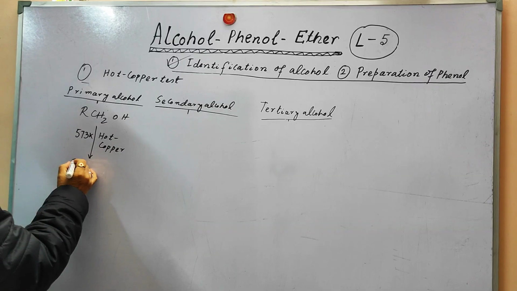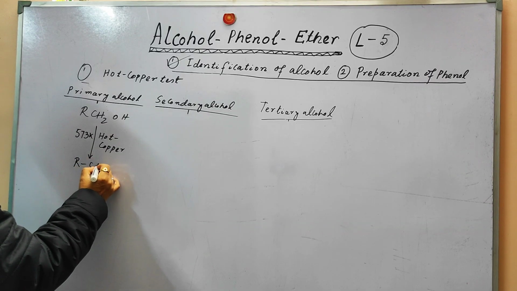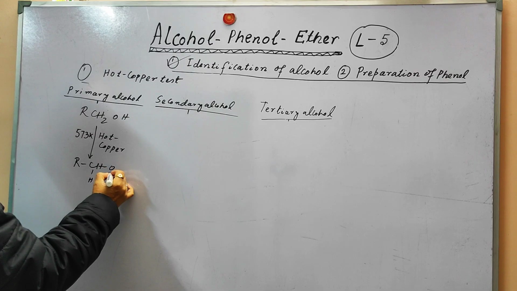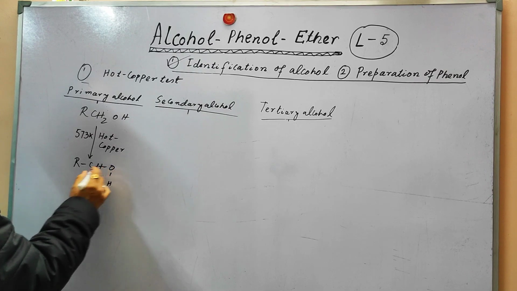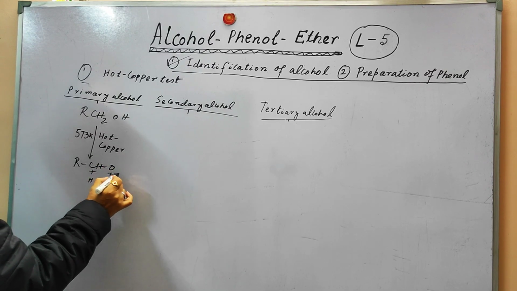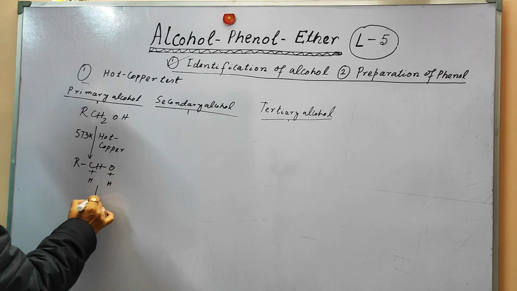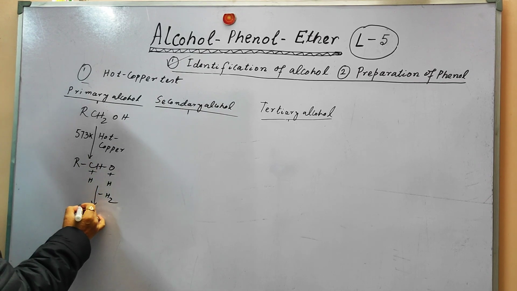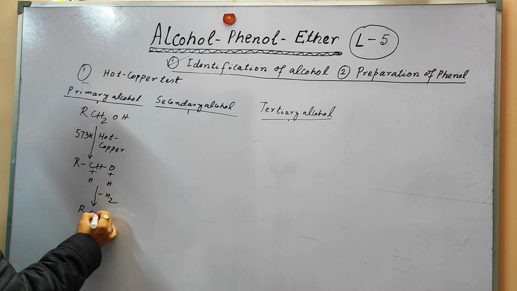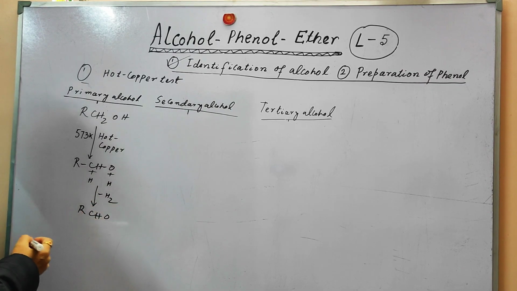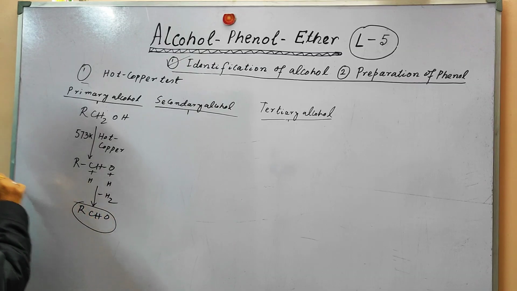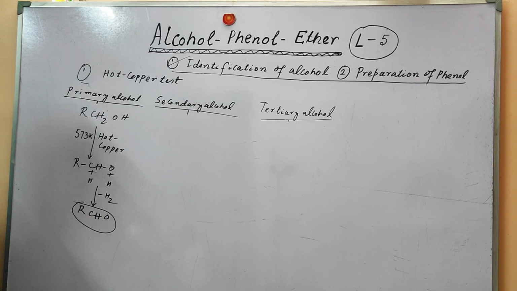These two hydrogens, this hydrogen and this hydrogen, are expelled, meaning minus H2. So what will remain? The aldehyde remains. So from the primary alcohol, we get the formation of the aldehyde.